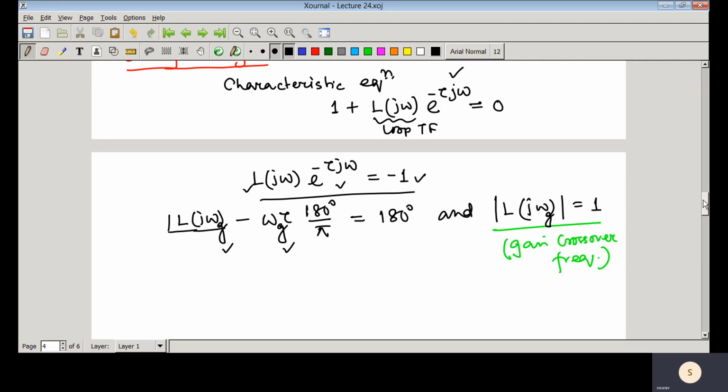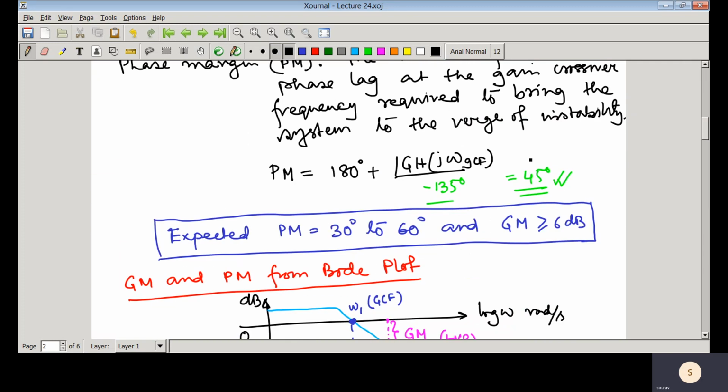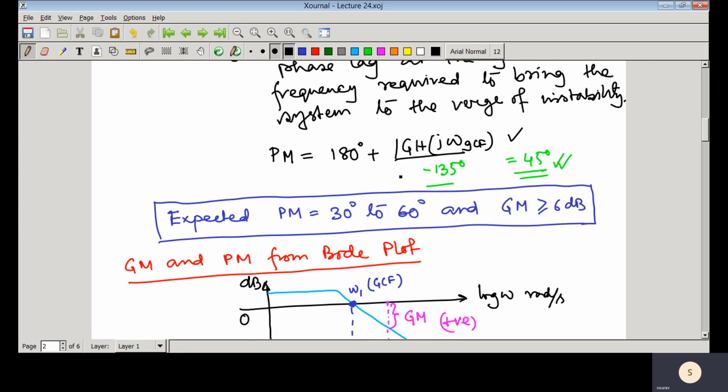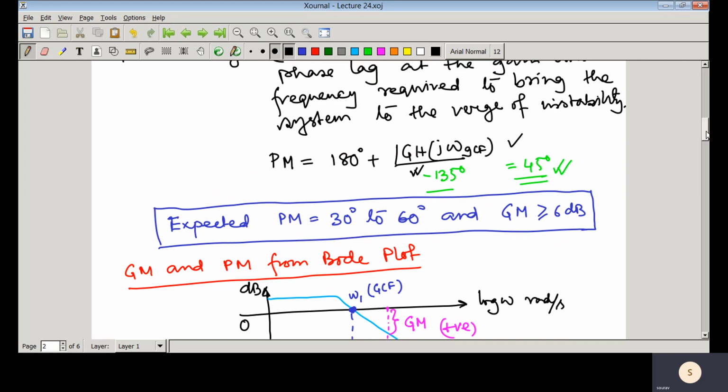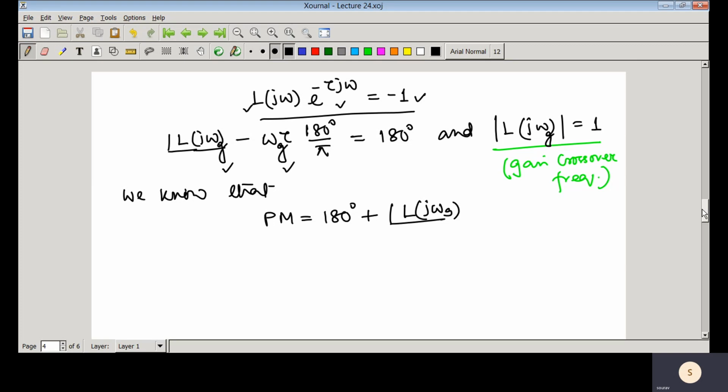Now if you look at the phase margin definition, phase margin is equal to 180 degree plus the angle of the loop transfer function at the gain crossover frequency. GH is the loop transfer function, what I have mentioned here as L. So from the definition of phase margin, phase margin is equal to 180 degree plus the angle of L j omega g, where omega g is the gain crossover frequency.